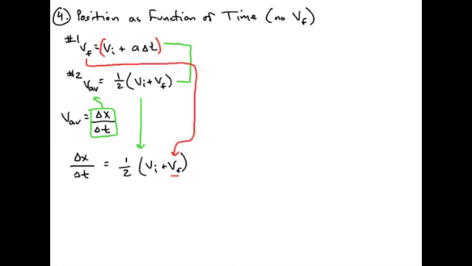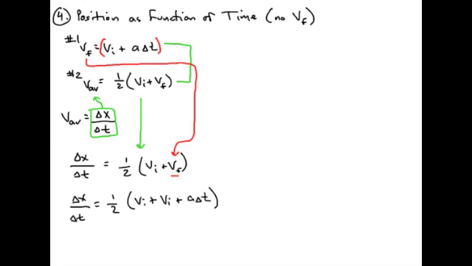So let's rewrite this once again. Our delta x over delta t equals 1/2 times VI plus all this above, plus another VI plus A times delta t. That is our VF from above.